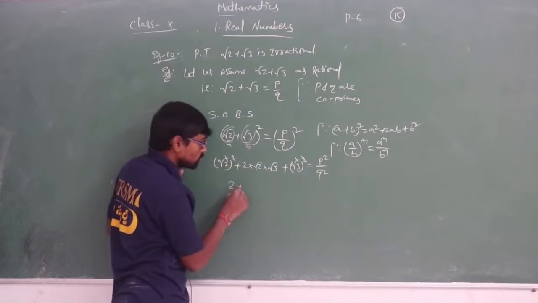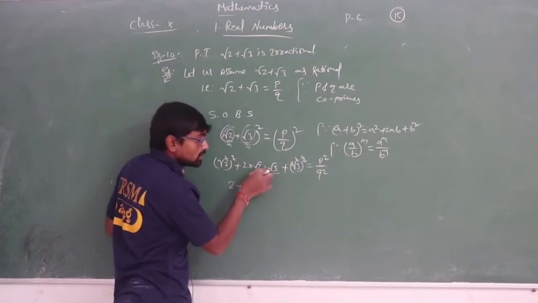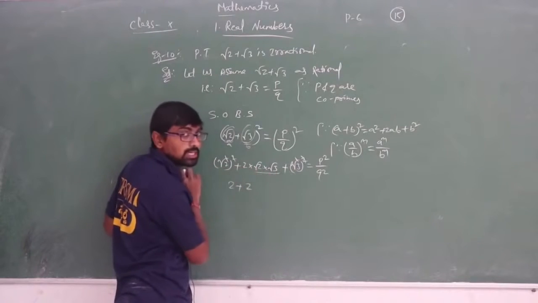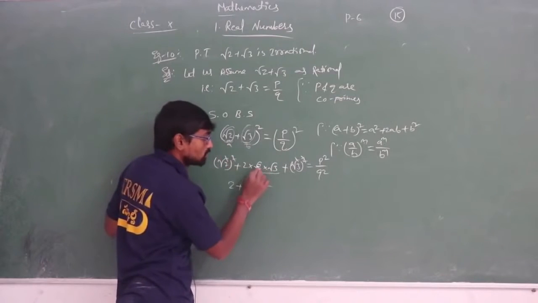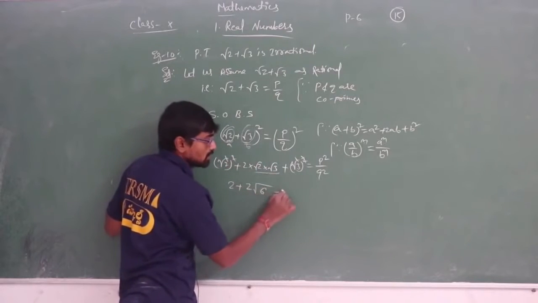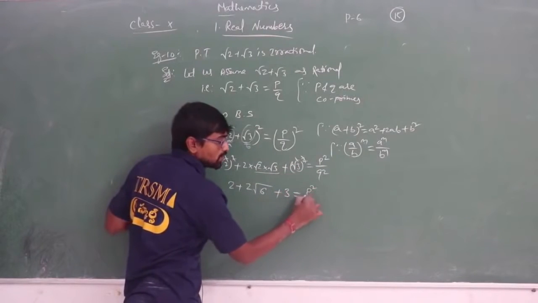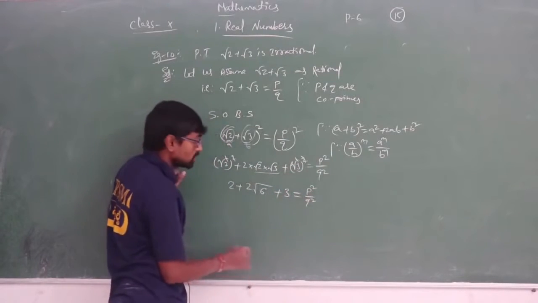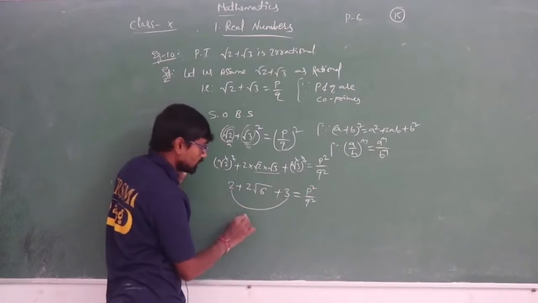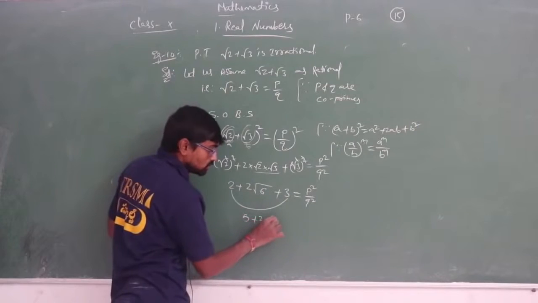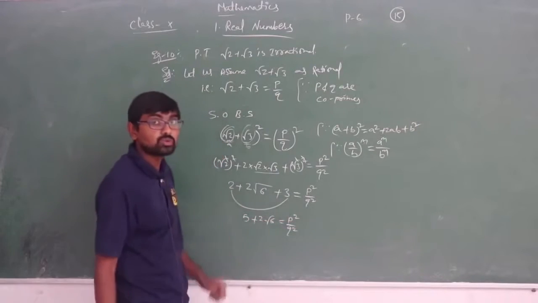So here we have 2 plus 2, both under root, and in between them we have a multiplication symbol. It means that they both can be multiplied. So under root, 2 threes are 6, plus here I have the remaining 3, is equal to p square divided by q square, isn't it? The like terms are these both: 2 plus 3 that is 5, so 5 plus 2 root 6 is equal to p square by q square. What do we need to do?